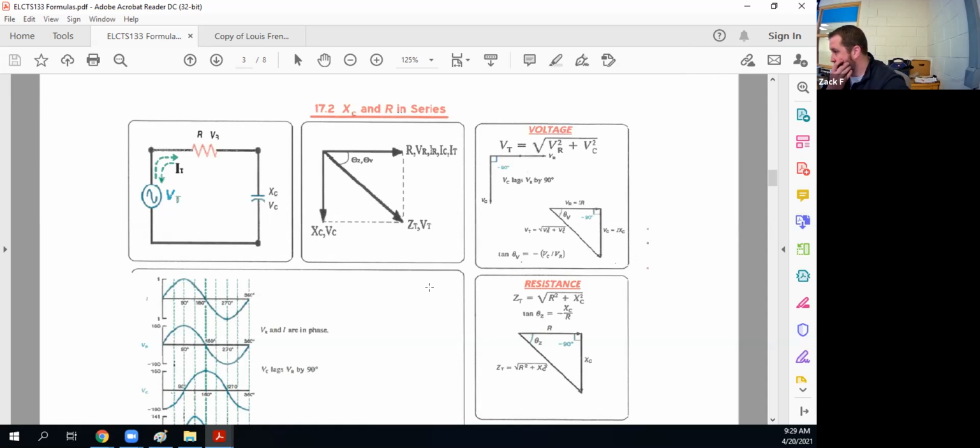Capital A means ampere, right? But I in Ohm's law also means current, right? Yeah. So current, amps, I, A, however you want to put it, it's current.